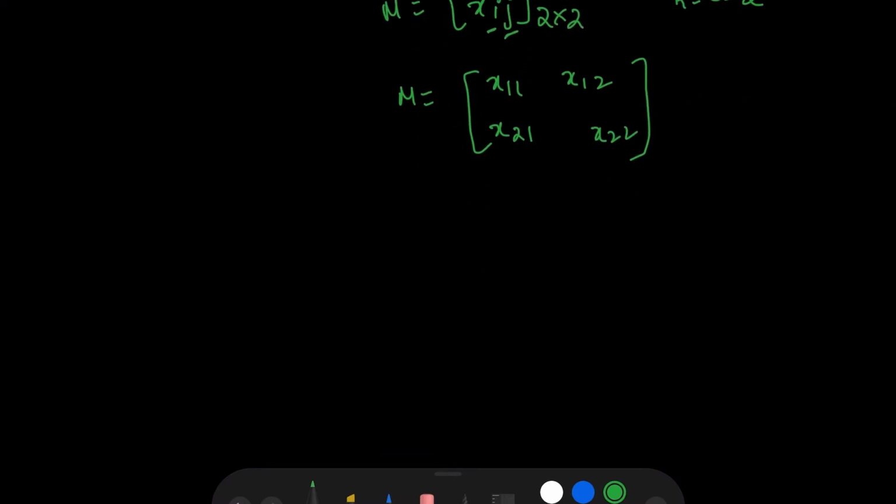And now let us build a 3 cross 3 matrix. So M is equal to x of ij, 3 cross 3. Here the number of rows is equal to the number of columns, which is equal to 3.